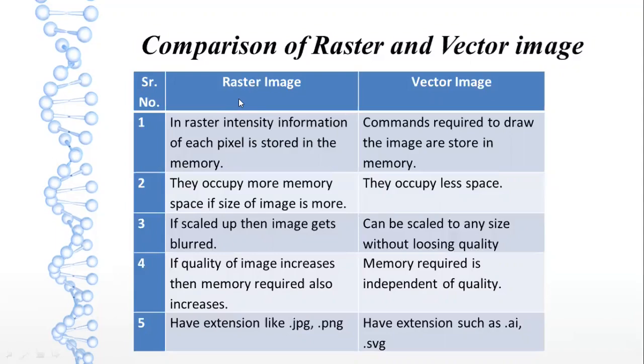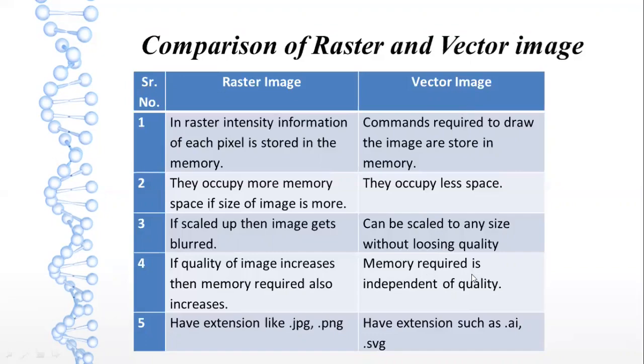But suppose we have a color image, then the number of bits which are required to hold color will also increase. And that's why the size of the image, that's why the memory required will also increase. But in case of a vector image, the memory required is independent of the quality.